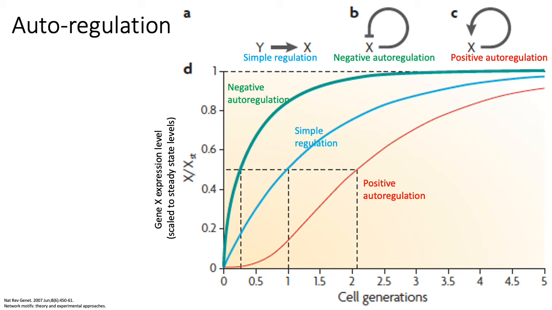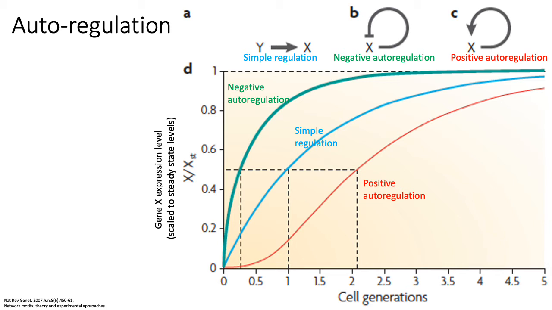And part of the reason for this is that in negative autoregulation, the promoter of X tends to be strong. And so X tends to quickly bind to itself, for example. And also, when a gene negatively autoregulates itself, the steady state level of that gene is lower, because as soon as you turn on that gene, at some point it starts auto-regulating itself and turning its expression down. And so it reaches steady state faster.